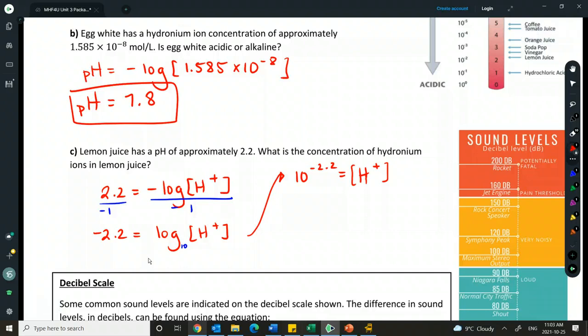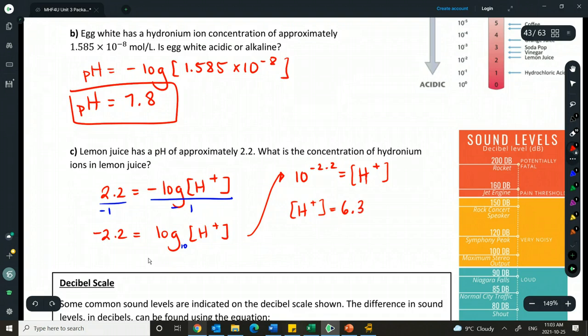Okay, and then if we wanted to, we could calculate this. I don't think it would be that tough to express this. Your calculator gives you a nicer form of this, which will be like 6.31 times 10 to the -3.